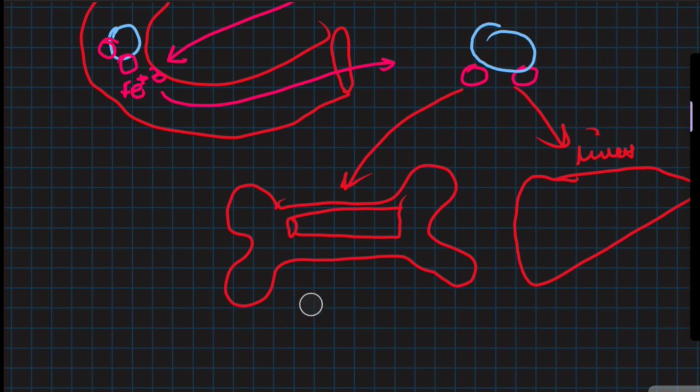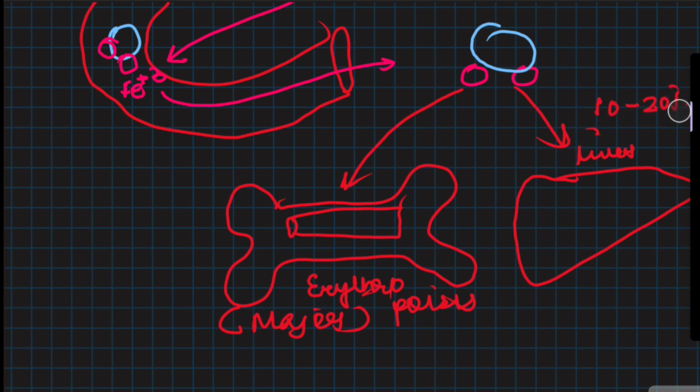Now here what we know, that in bone marrow erythropoiesis occurs. So it will help in erythropoiesis, and this is the major absorption, while 10 to 20% will go to liver. So it is called minor, and 70% to the erythroblast.